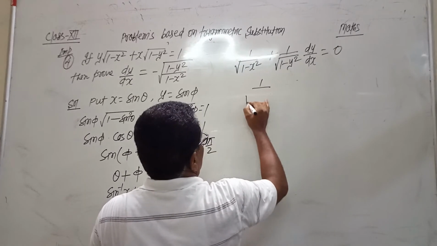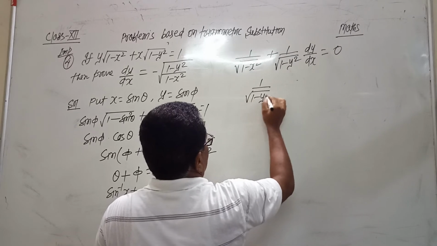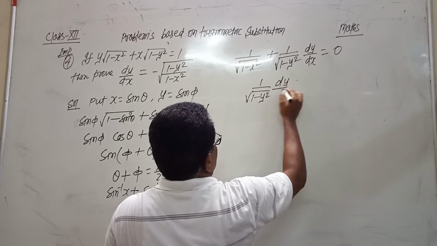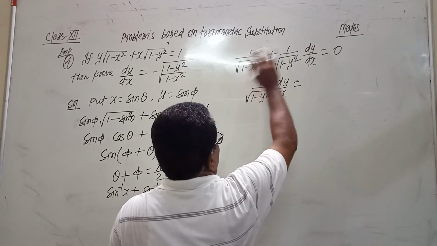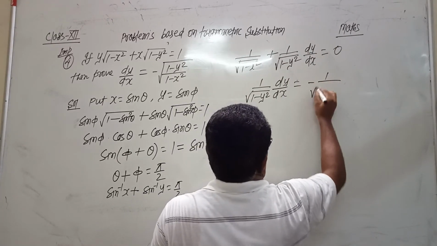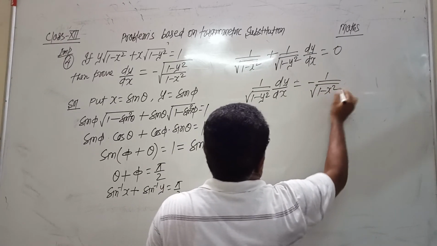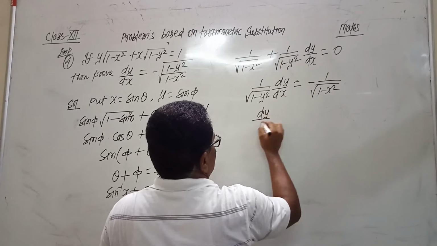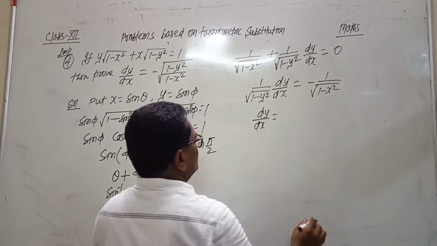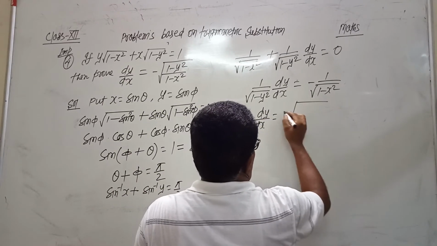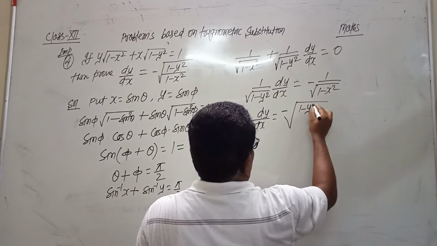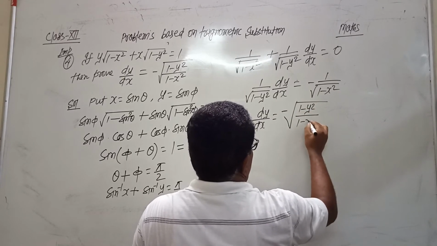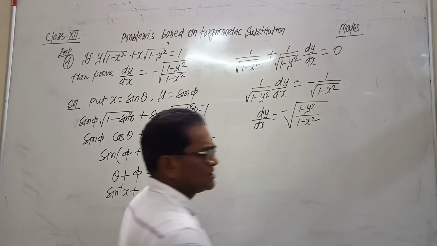So 1 upon root 1 minus y square and dy by dx, this will go on the right side and becomes minus 1 by root 1 minus x square, and dy by dx comes to be minus of under root 1 minus y square upon 1 minus x square.